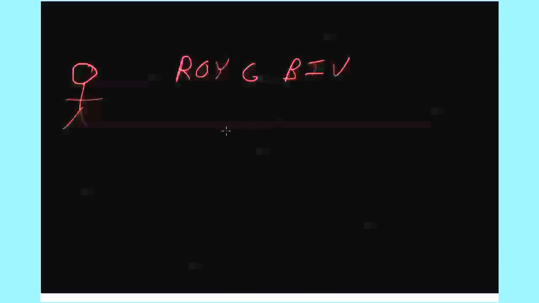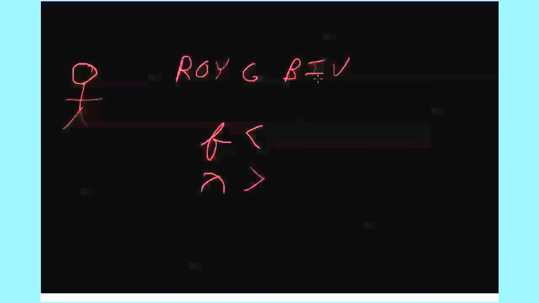If we look at Roy G. Biv, red, orange, yellow, green, blue, indigo, violet: if the frequency is decreasing, we know the wavelength is increasing.